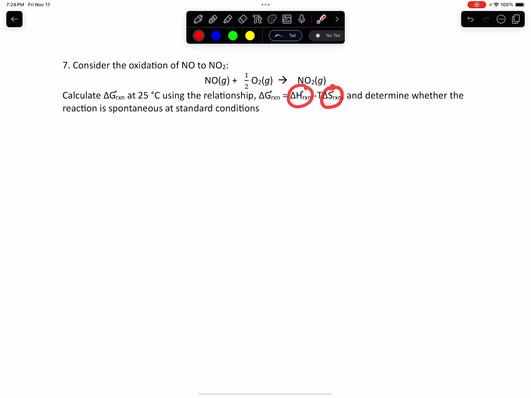So to use this relationship, we need to first figure out the delta H naught of the reaction and then the delta S naught for the reaction. So for that, we need to go to our table of thermodynamic values and pull the numbers for NO, O2, and NO2. So I have gone ahead and already found the table and pulled the values.